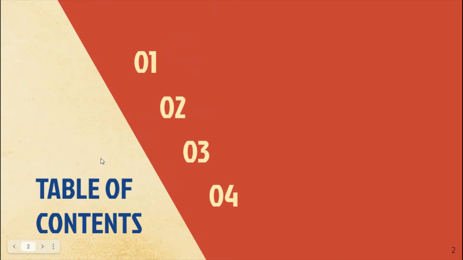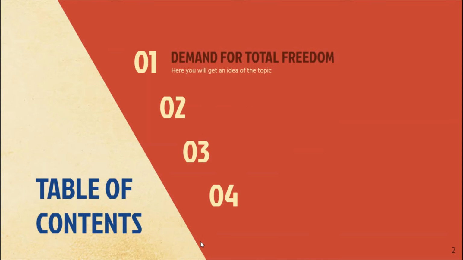In the previous video, we had talked about the voyage from Britain to the 13 colonies. We had talked about the 13 colonies, the occupations, and we had also discussed the four main causes of the American War. Today we're going to be continuing by talking about the demand for total freedom and the protests against the British.